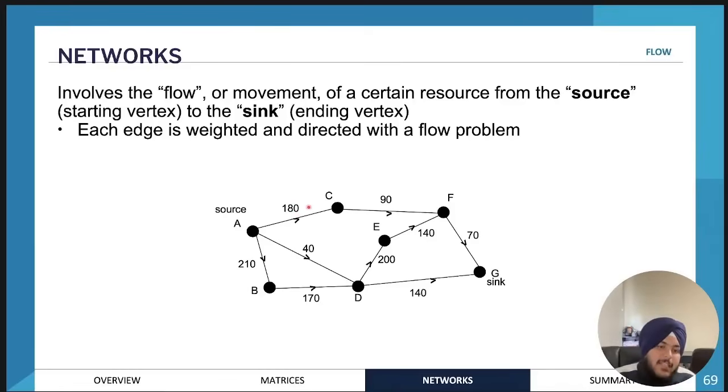So it must be less than the addition of 180 plus 40 plus 210. That's just a requirement if you want to check your answer. And it must be less than this amount as well, 70 plus 140. So the total flow must be less than 210, the maximum flow.